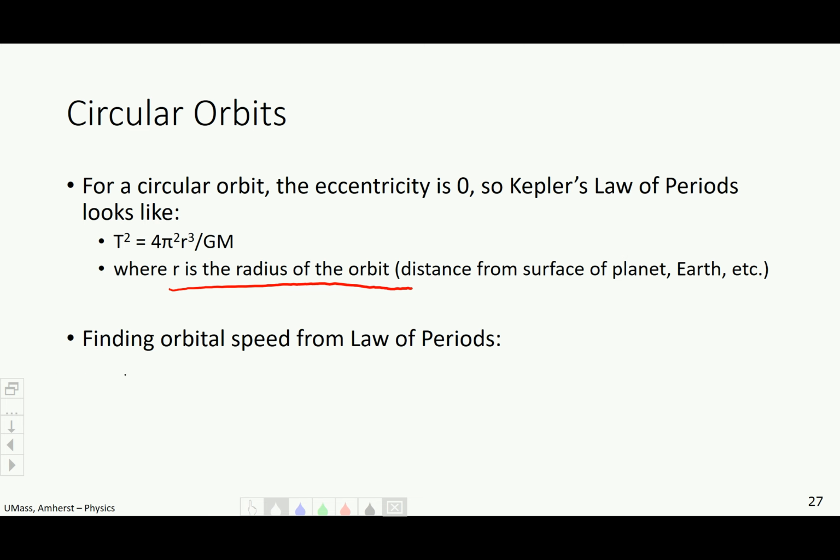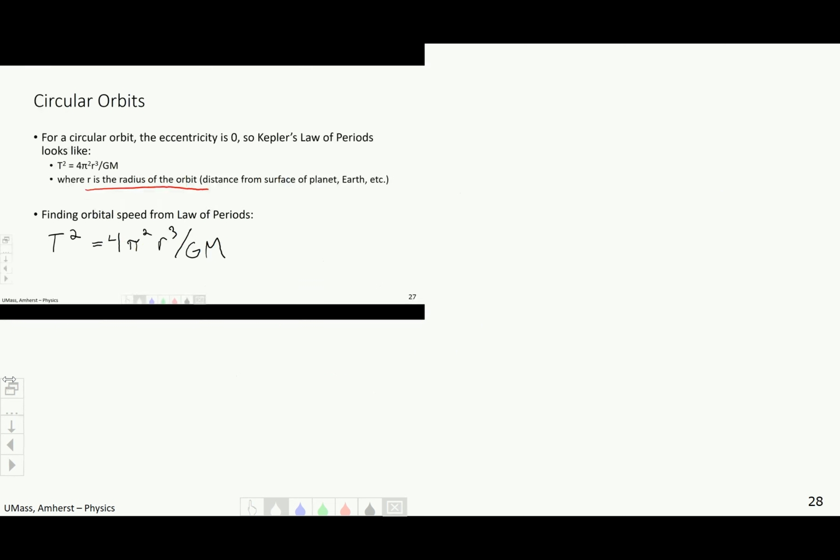What are we going to start with? We're going to start with period squared equals 4 pi squared r cubed over GM. What's our next step? Well, let's think. T is in seconds. This is meters cubed. This is kilos. So over here we have seconds squared. We have meters cubed.